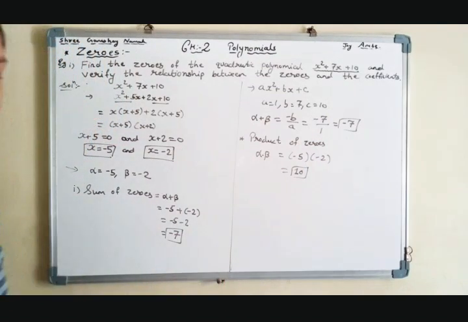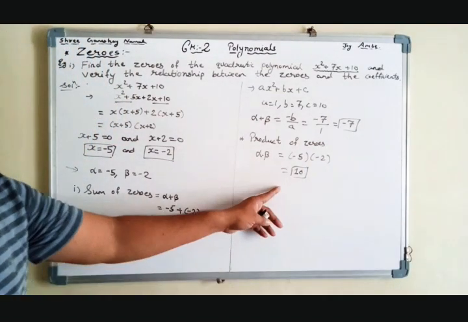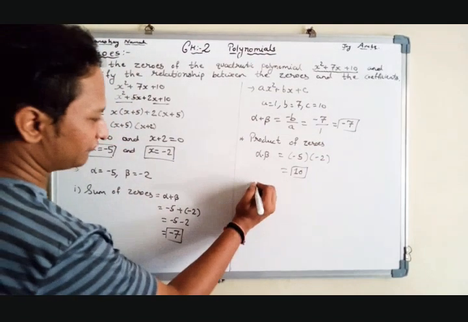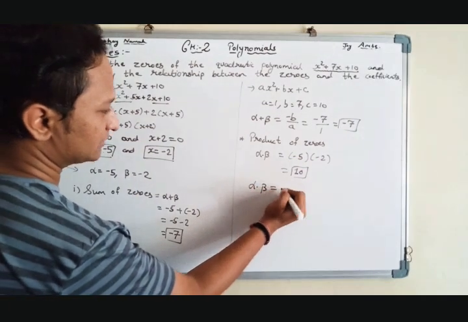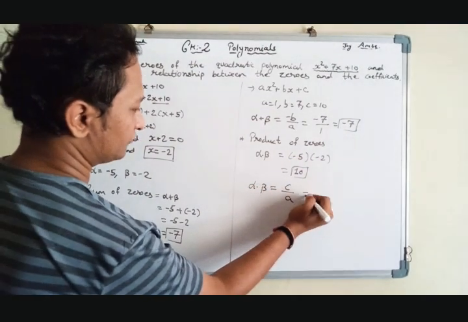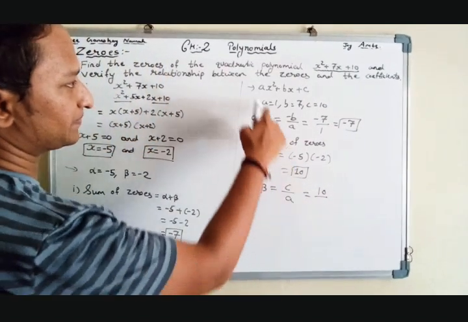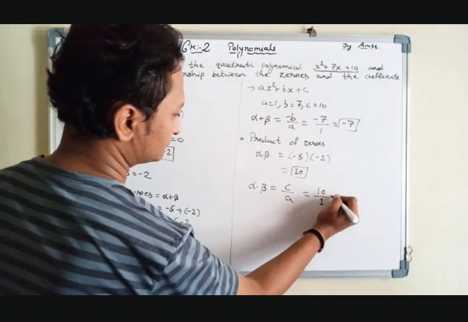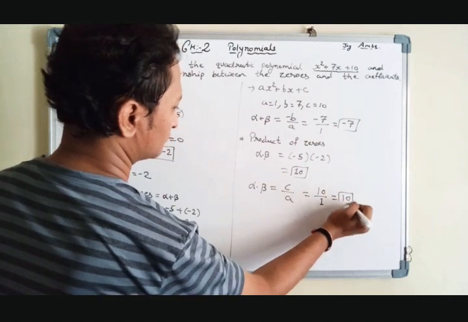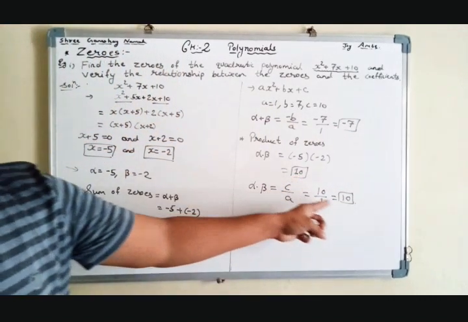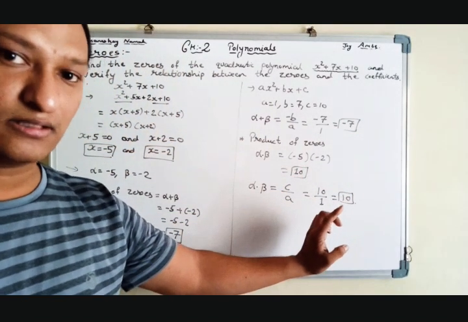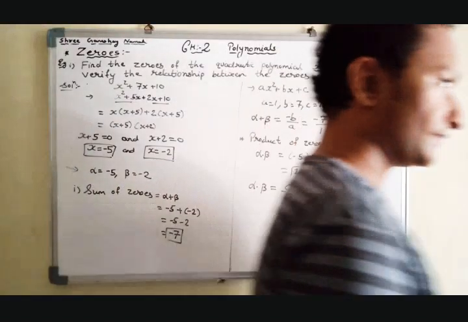It is a direct method. Now we will verify it by the formula. What is the formula to find the product of zeros? C by a. What is c here? 10. And what is a? 1. Okay students? So 10, 10, LHS equals RHS.